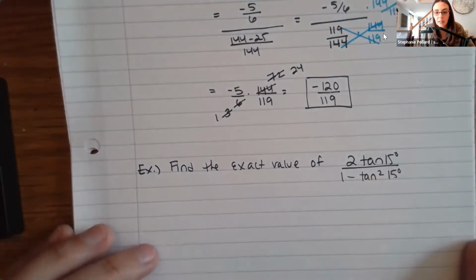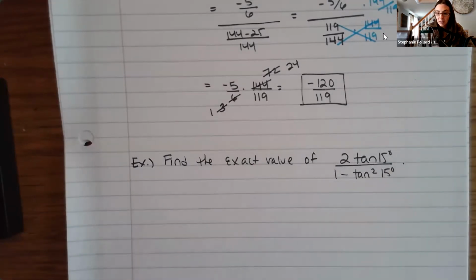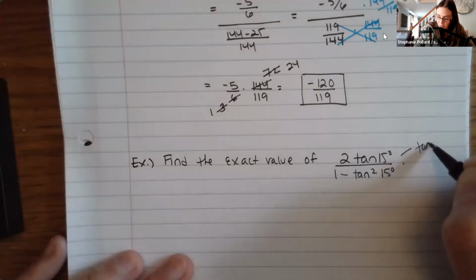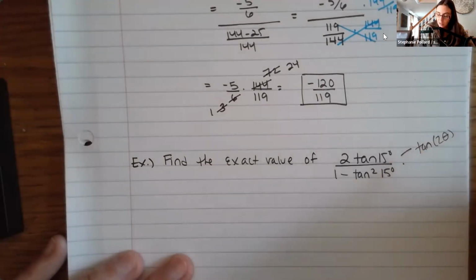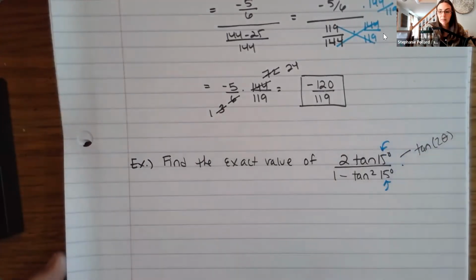Now, hopefully you're recognizing this as the double angle formula for the tangent function, right? So this is the same thing as the formula for tangent of twice theta. And the theta here ends up being this 15. That's the common angle in both cases.